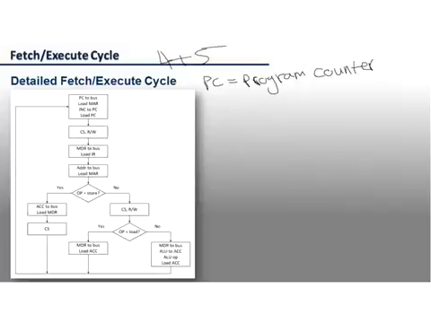Imagine that you're working in an office and you have no work. You call your colleague and ask, have you got some new work to do? The colleague, which is the MAR, will tell you the address where to get the new instructions from.